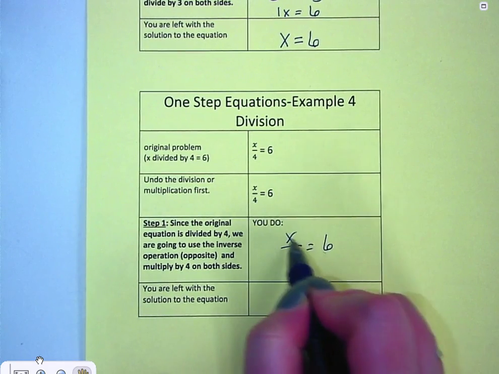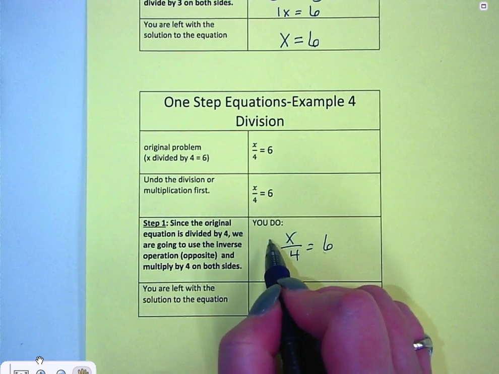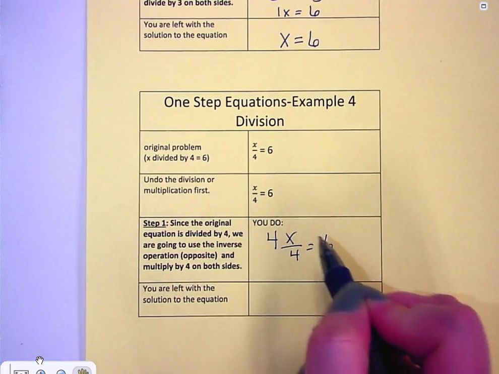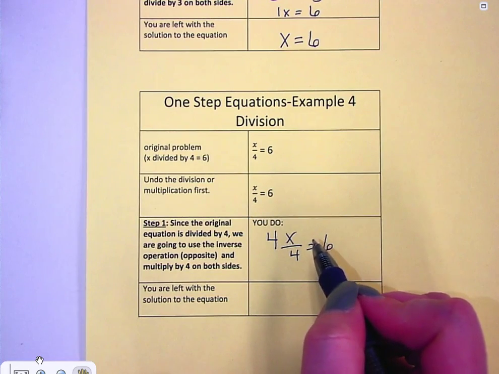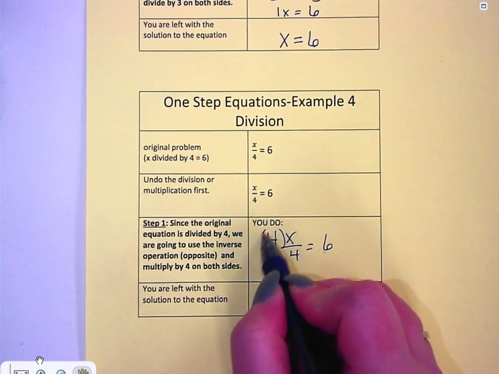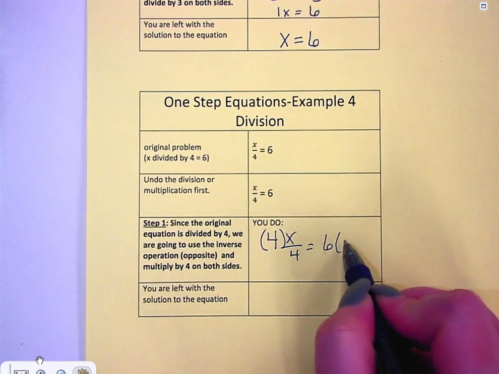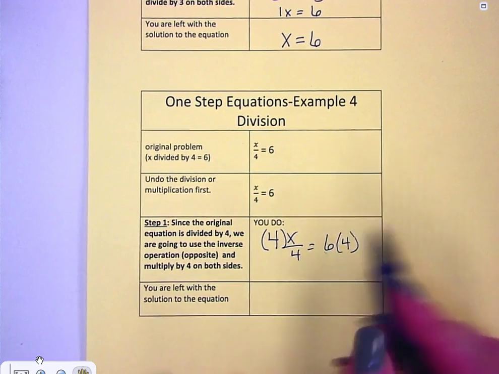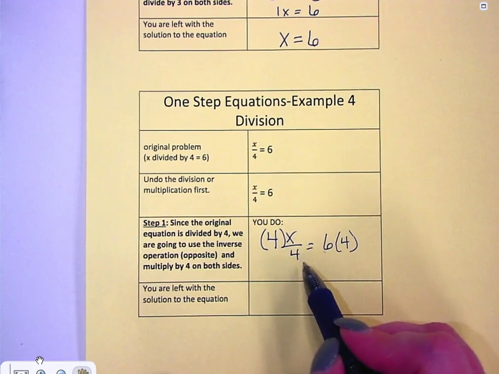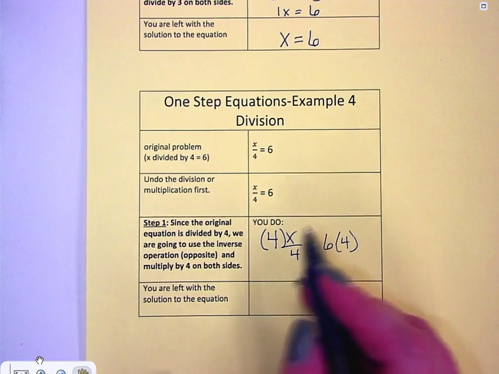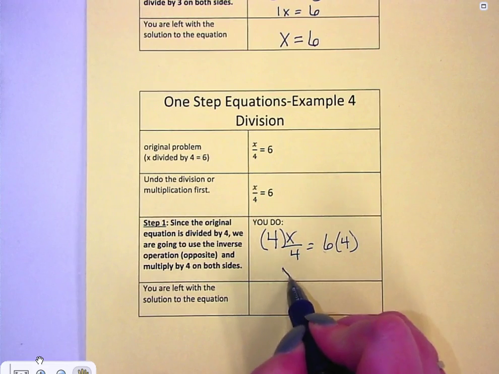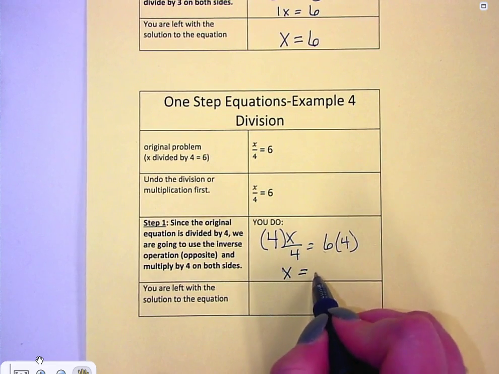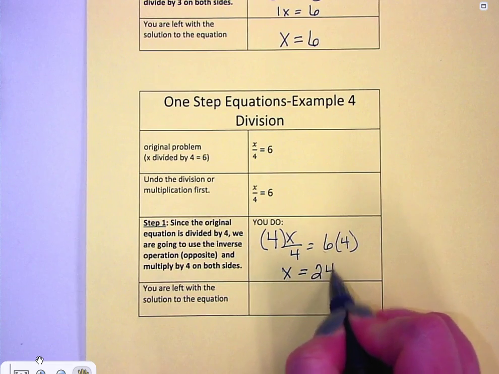So I need to multiply both sides by 4. So I multiply x times 4 and 6 times 4. So now I have 4x divided by 4. And 4x divided by 4 leaves me with an x equals 6 times 4 is 24. X equals 24.